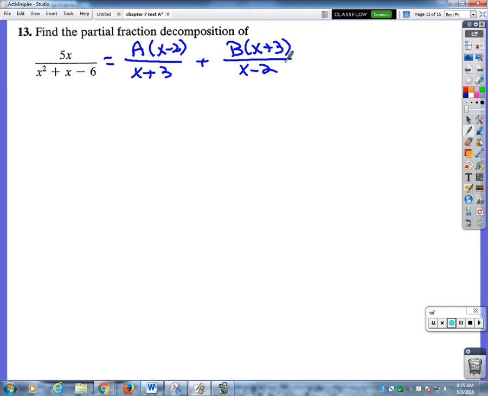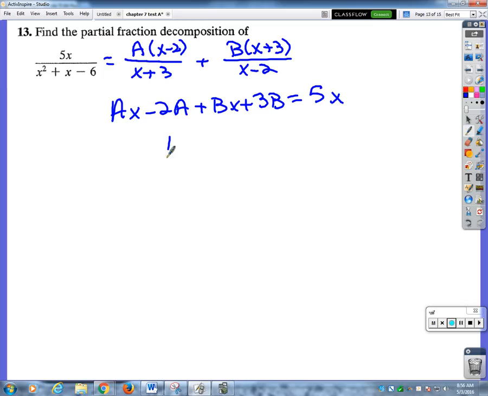Yeah. Distribute: ax minus 2a plus bx plus 3b equals 5x. So the coefficients on the x's have to add up to 5. It's not just 2 and 3, there are lots of numbers they can add up to.